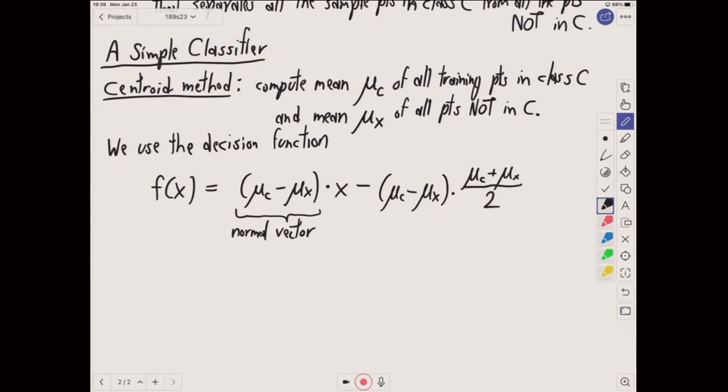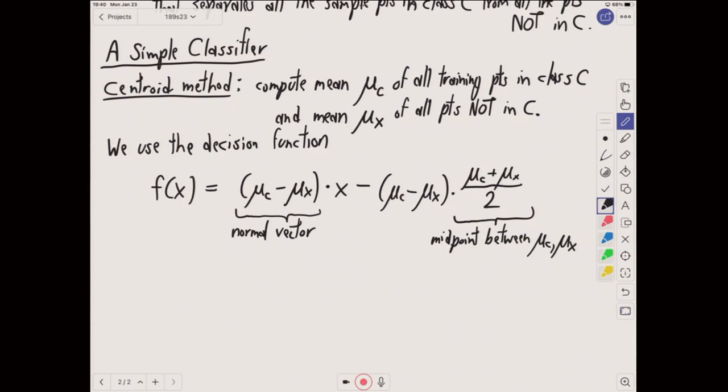So the idea is that we choose this to be the midpoint halfway between mu C and mu X. And what we want is that if you substitute that value in for x, the whole decision function is going to be 0.